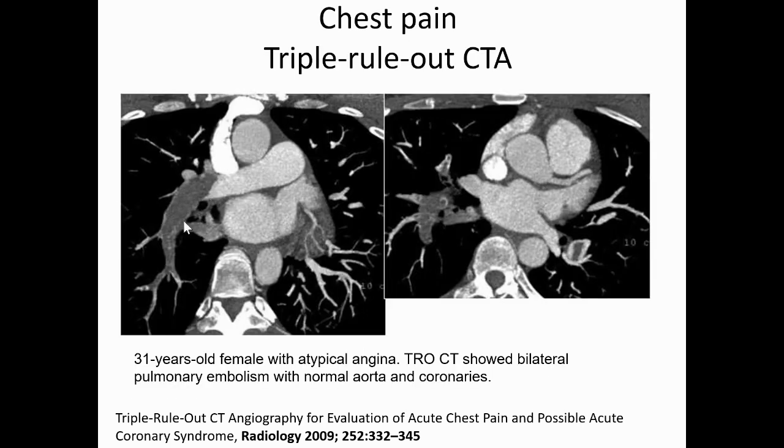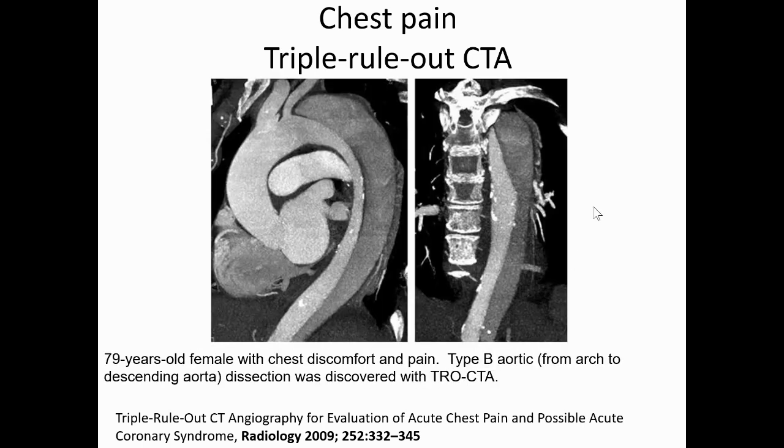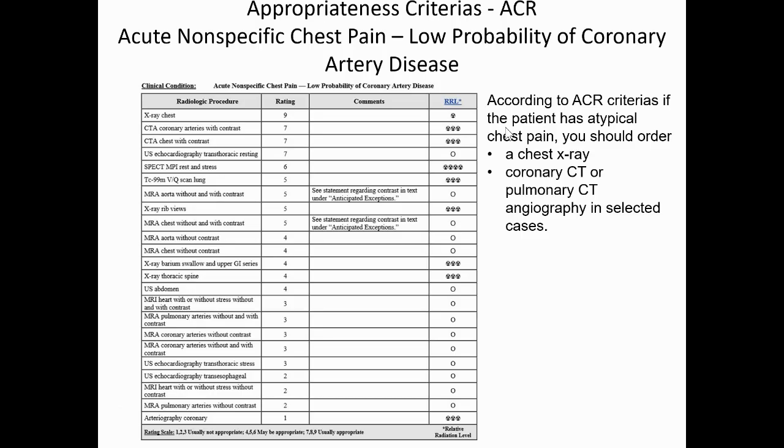Here is a 31-year-old who has pulmonary embolism, significant pulmonary embolism on the right-hand side and even on the left-hand side as well. And here's a 79-year-old patient with chest discomfort and pain, and he or she suffered a type B aortic dissection.